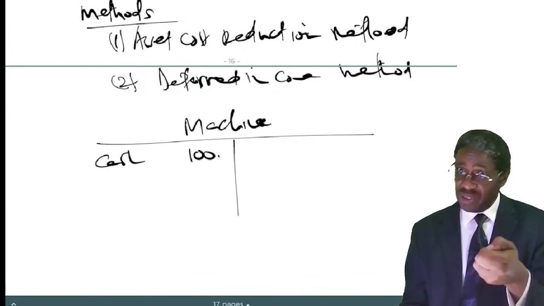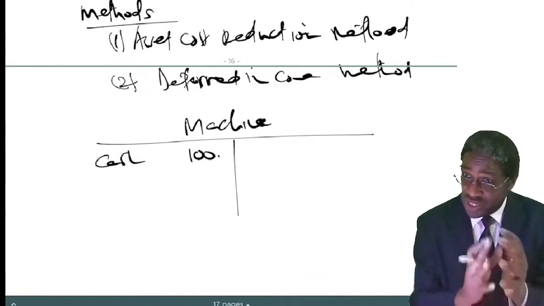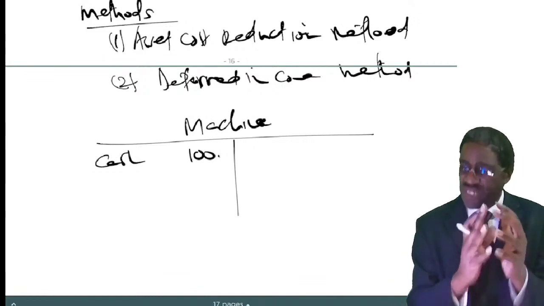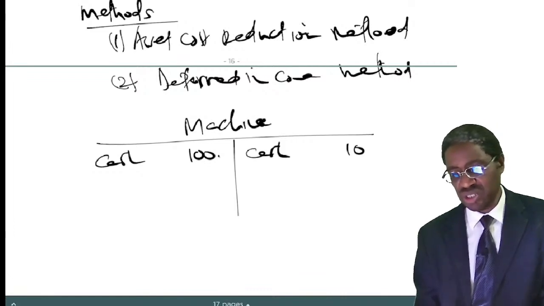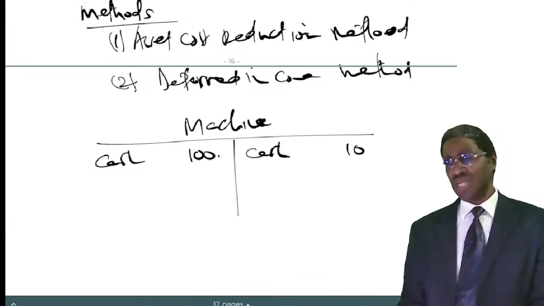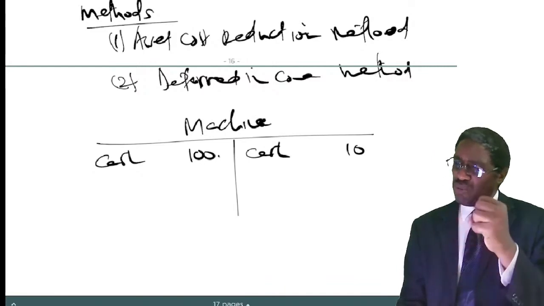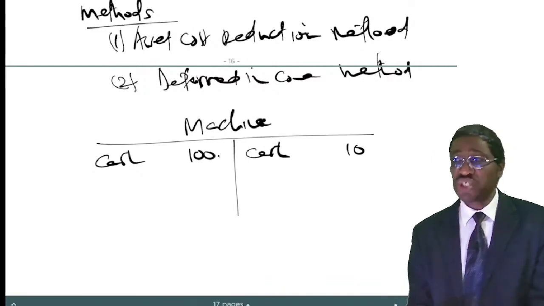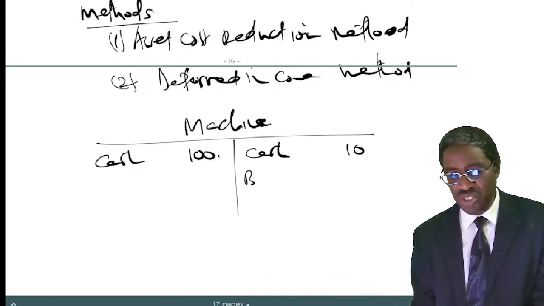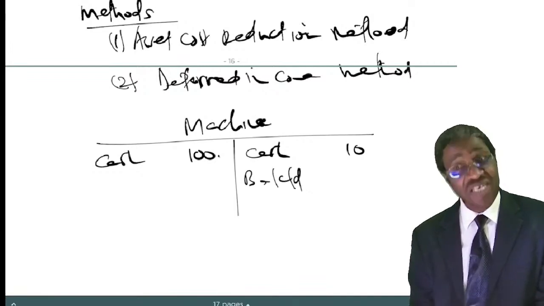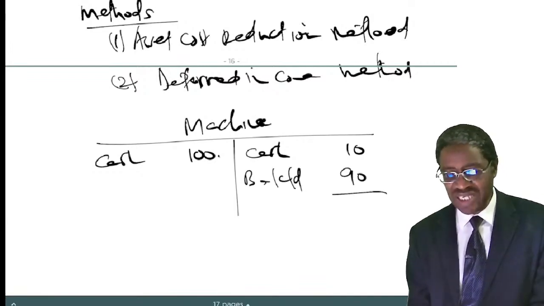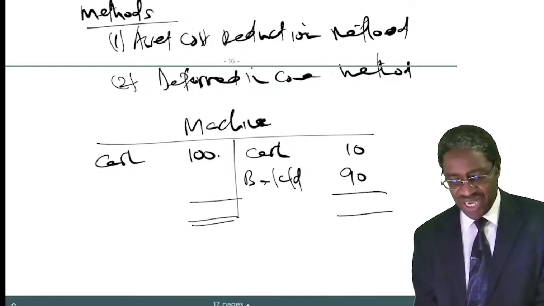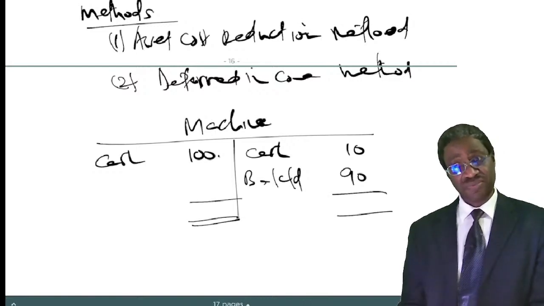In other words, you will debit bank, you are receiving that 10 million, you will debit bank and credit the asset. So that from now onwards, your machinery will appear in your books not at 100 million, but at 90 million.